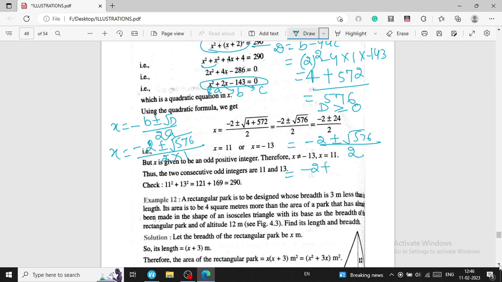Minus 2 plus or minus the square root of 576, which is 24: one time plus 24 and another time minus 24. You can find two roots: 22 by 2 comma minus 26 over 2, that is 11 comma minus 13. These are the answers for the two consecutive numbers.